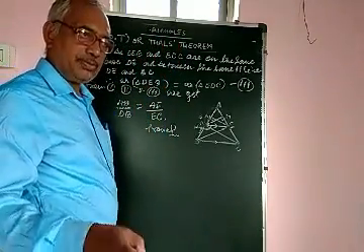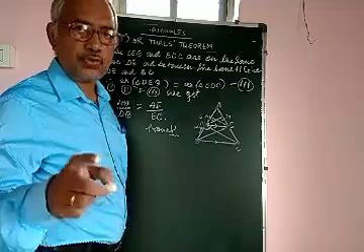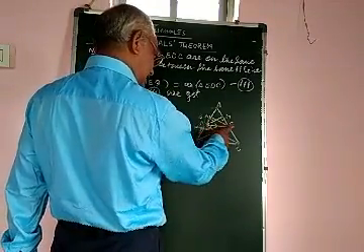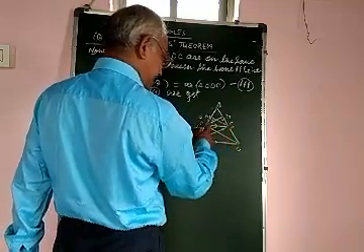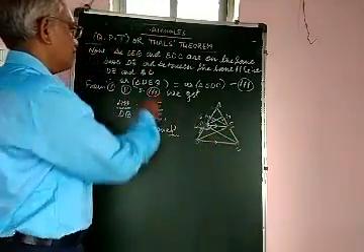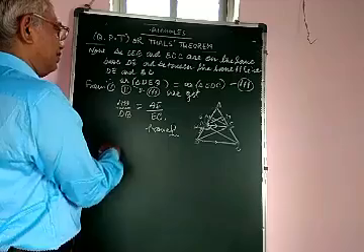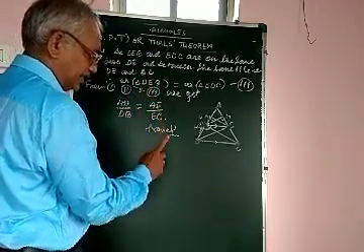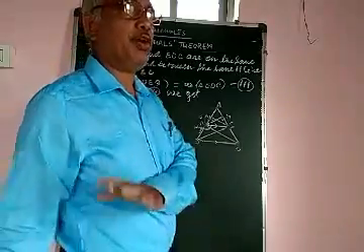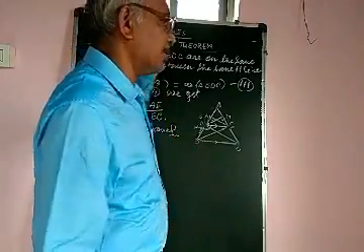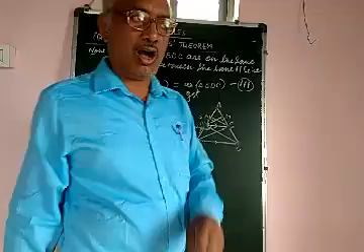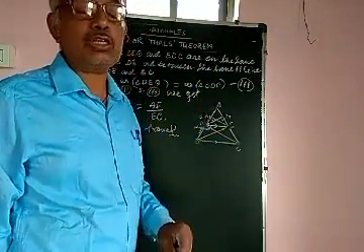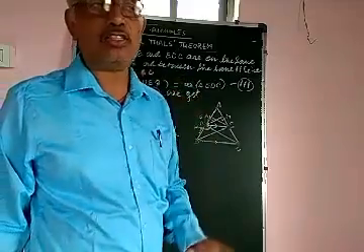Triangles on the same base between the same parallel lines are equal in area. Now from equations 1, 2 and 3 we get AD upon DB is equal to AE upon EC. Proof. This is a very important theorem, and you have to remember it because you may be asked to state and prove the BPT theorem or Thales theorem.